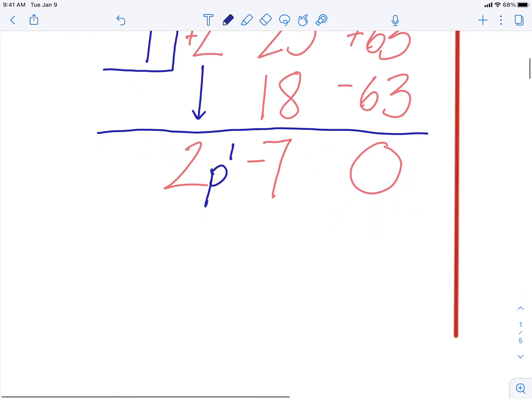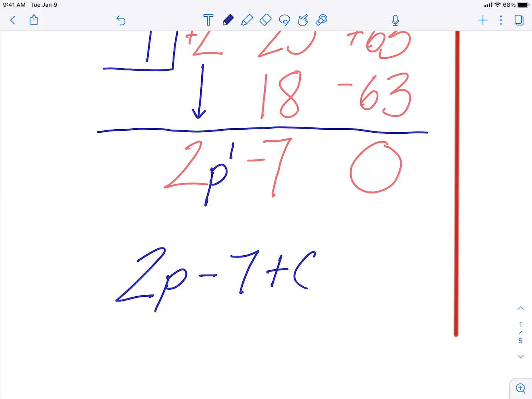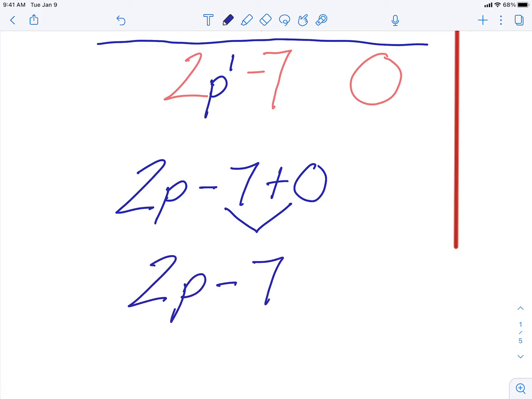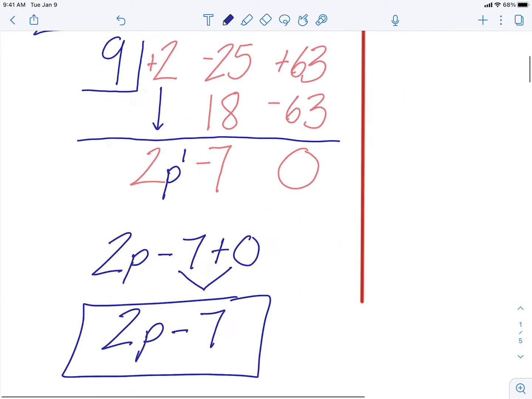So my answer is going to be 2p minus 7 and a positive 0. And I can combine these two. Negative 7 plus 0 is just negative 7. So I get 2p minus 7. And this right here, kiddos, is my solution.